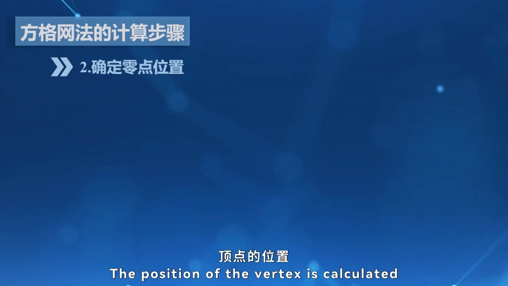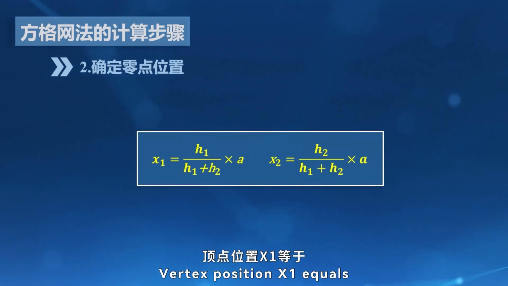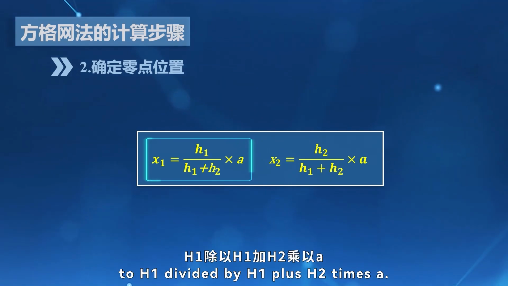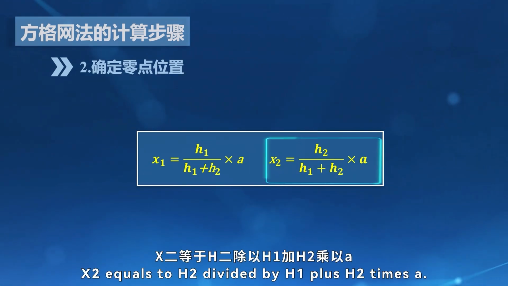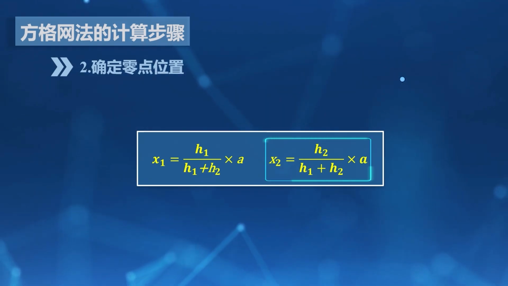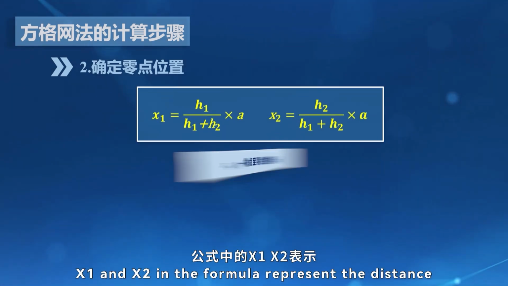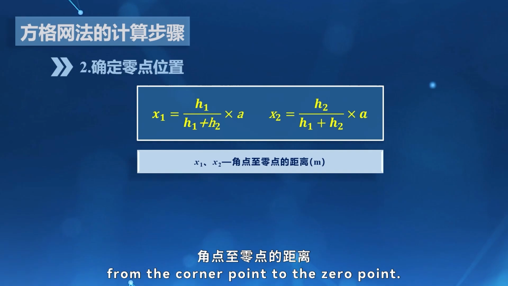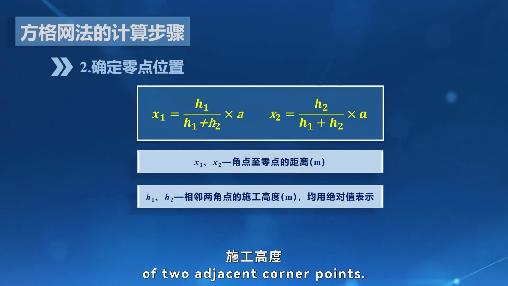The position of the vertex is calculated according to the following formula. Vertex position x1 equals h1 divided by h1 plus h2, times a. x2 equals h2 divided by h1 plus h2, times a. x1 and x2 in the formula represent the distance from the corner point to the 0 point. h1 and h2 mean the construction height of two adjacent corner points.